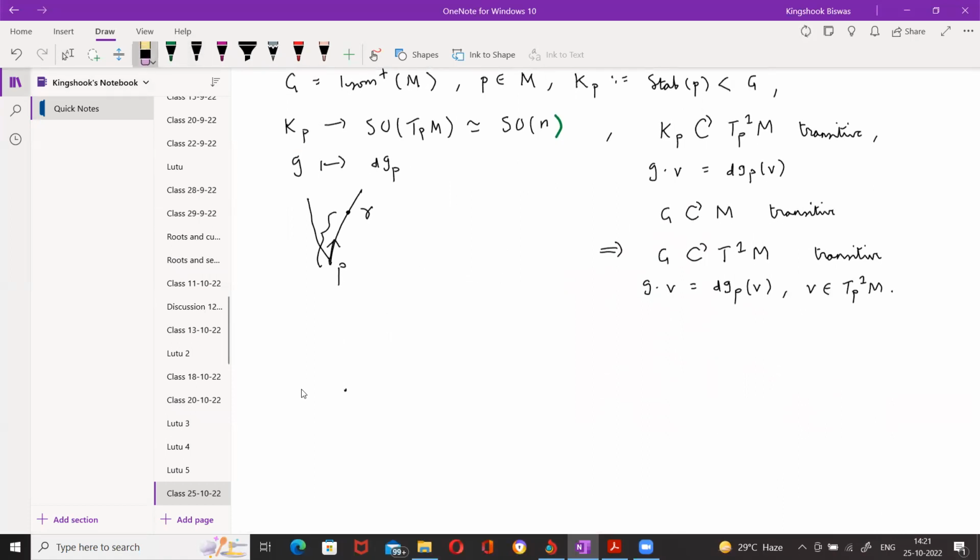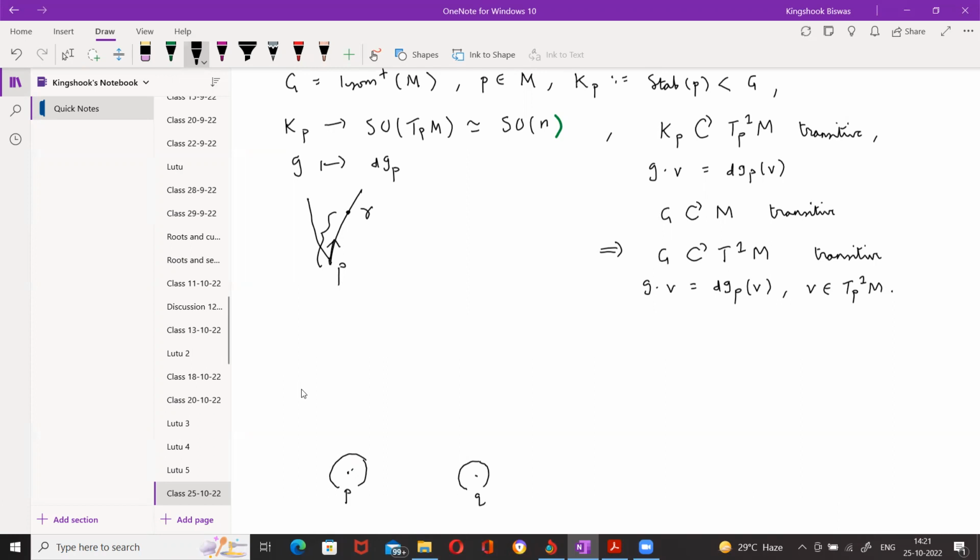So let me make this picture a bit bigger. So here are 2 points P and Q. And I'm taking the unit tangent sphere here, and the unit tangent sphere here.